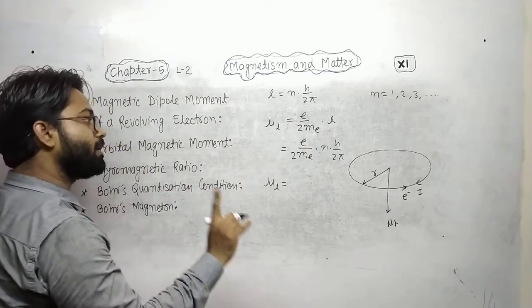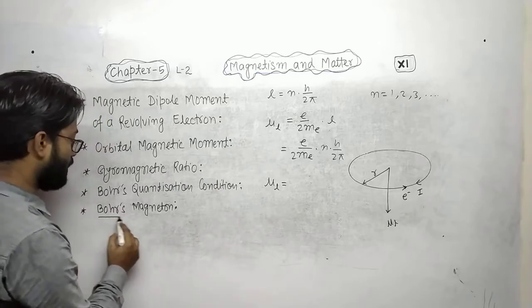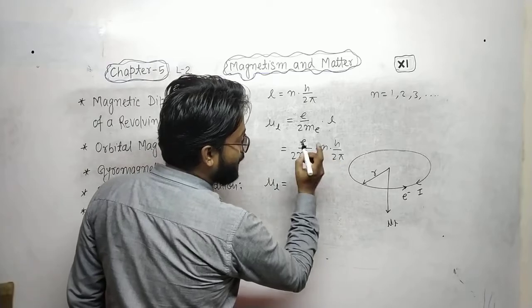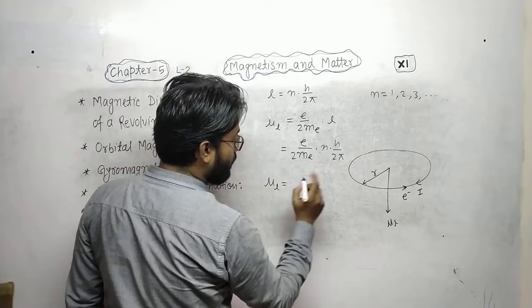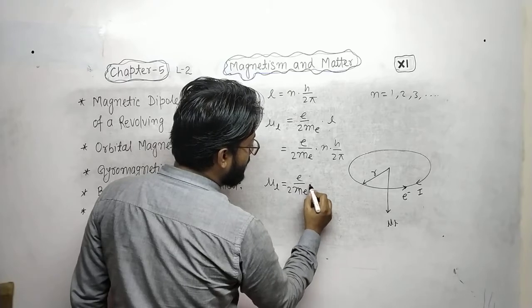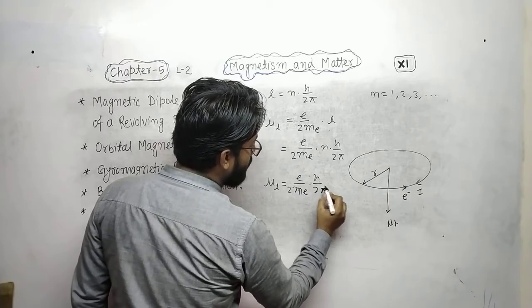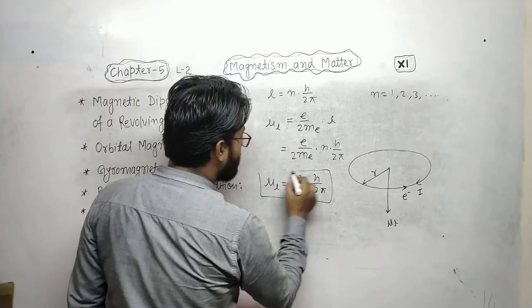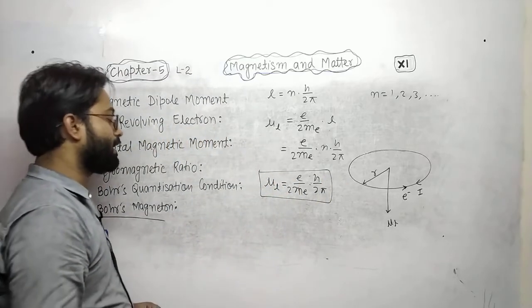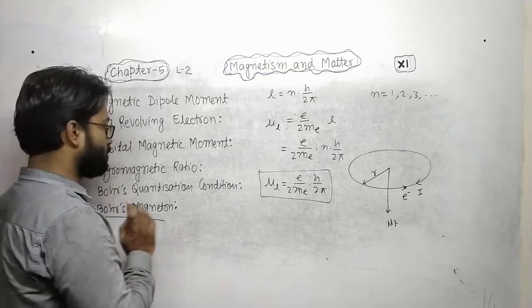If the orbit is first, then this is called Bohr's magneton, meaning in place of n you will write 1, so e upon 2 m e into h upon 2 pi is called Bohr's magneton.